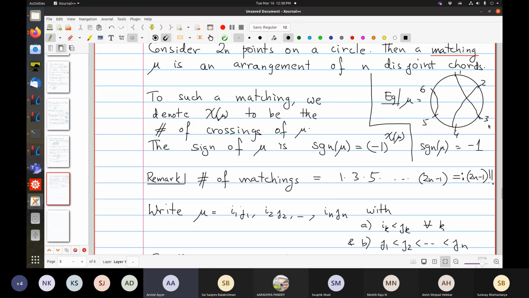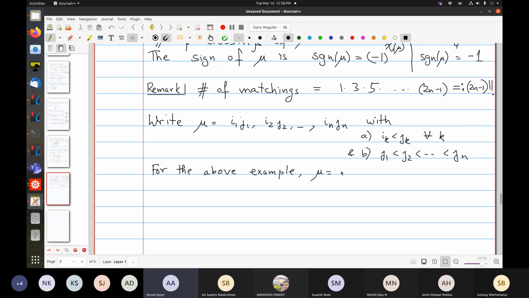So 1, 3, 2, 4, 5, 6. So these numbers are 3, 4, 6. In this case, i1 is less than i2 is less than i3 also, but that's not the general rule.